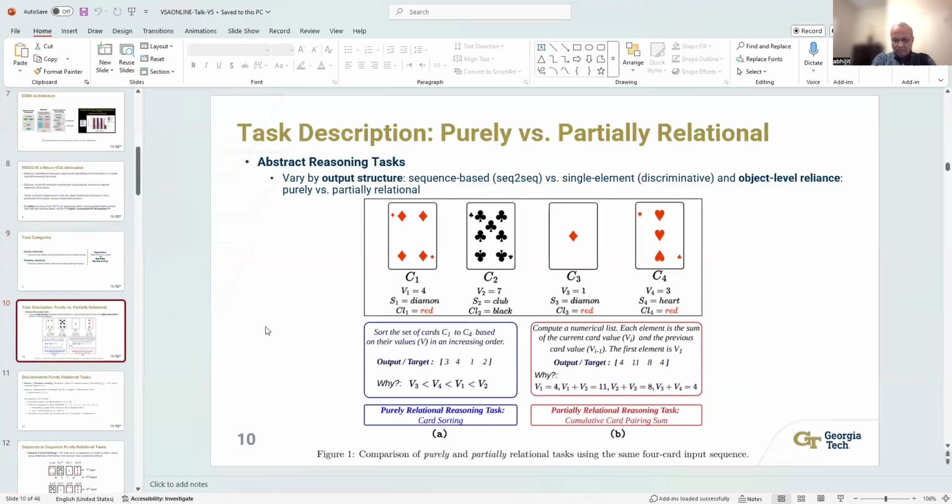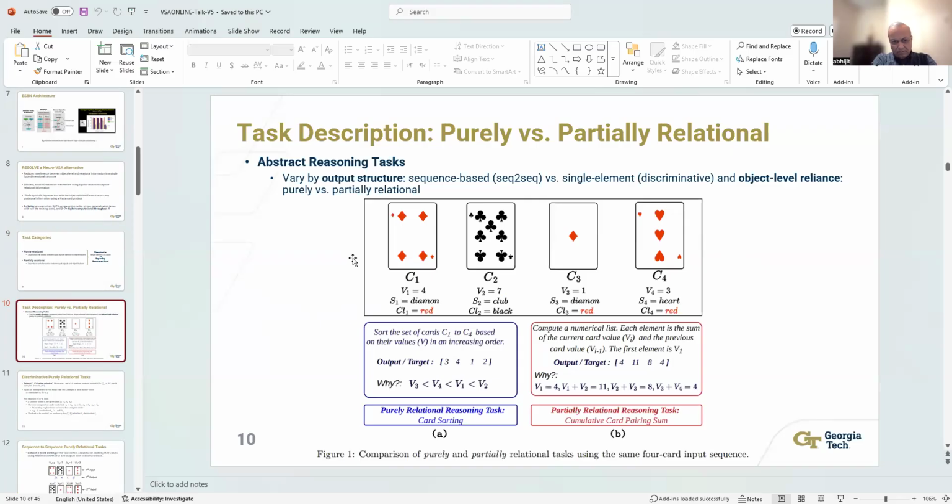So here we present 2 examples: one of a purely relational reasoning task and one of a partially relational reasoning task. On the left, we have a card sorting example. Here we have 4 cards, and the task is to sort these cards based on their value.